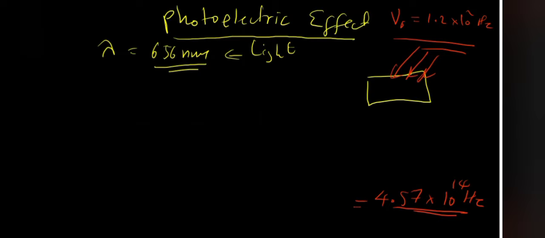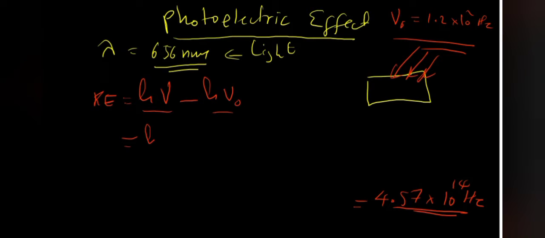So the kinetic energy will be given by hν, the energy of light which is coming in, minus the energy needed to remove an electron from the surface of a metal, that is h multiplied by the threshold frequency. So this is energy that is coming in, minus the energy required to remove the electron from the metal. That will give you the energy for the kinetic energy of the electron.